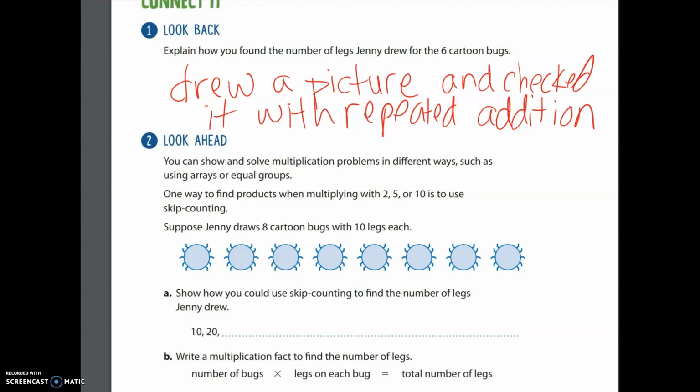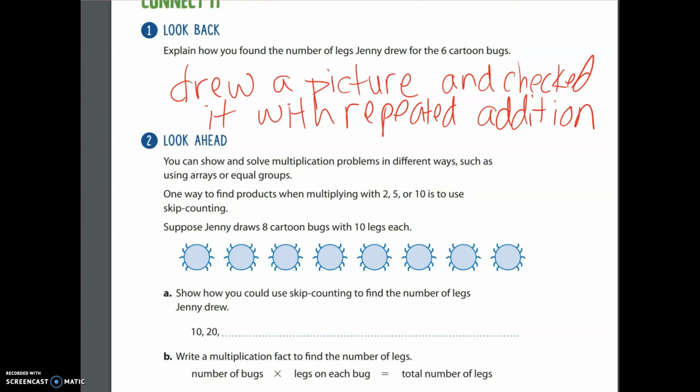Then on number 2, it says you can solve multiplication problems in different ways. One way is to skip count, which is what I did when I counted by tens, was skip counting. Since we know how to count by tens, then that's a quick way to do it. So here's another picture. Instead of 6 bugs, maybe Jenny drew 8 bugs.